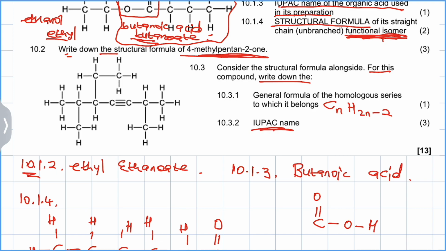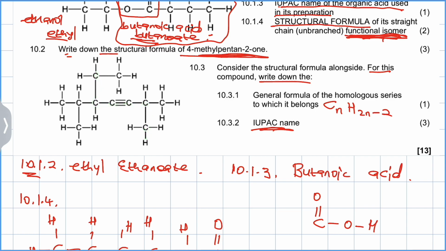So with the IUPAC name, we need to work out the longest chain. So if we go like that, then we'll have 1, 2, 3, 4, 5, 6, 7, which that 7 includes our functional group. If we go like that, then we'll have 1, 2, 3, 4, 5, 6.